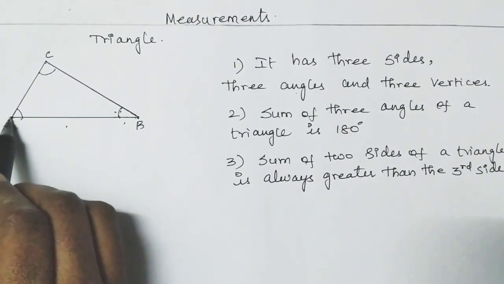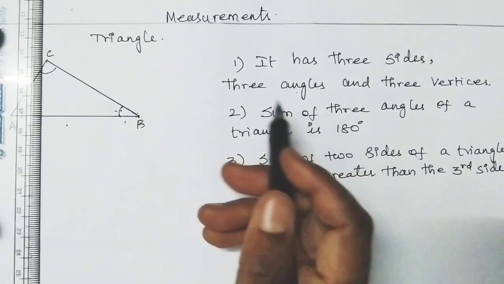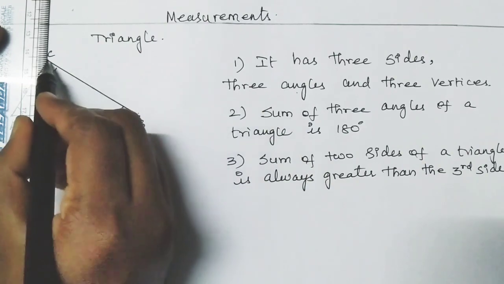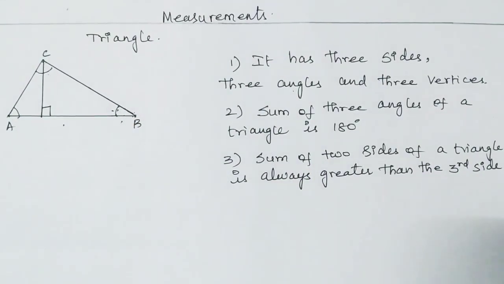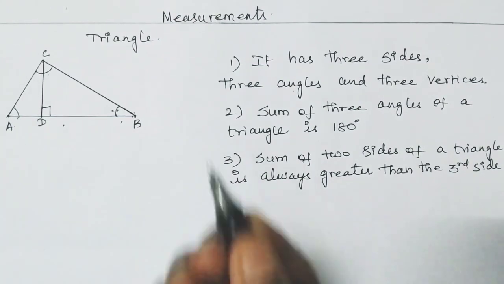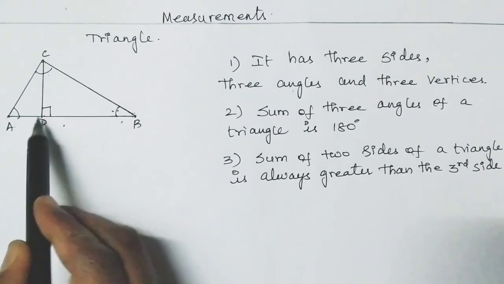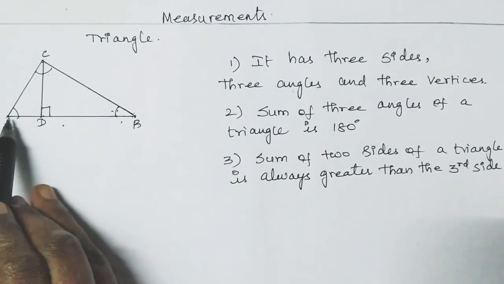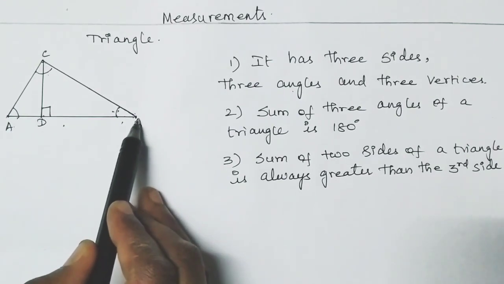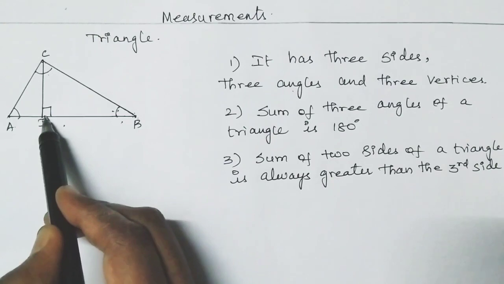And AB is a base and the height is nothing but the altitude, the perpendicular line from the opposite vertex. This is the altitude and we'll name it as D. Now I can say CD is the altitude, CD is the height, CD is the perpendicular line to AB. So AB is a base and CD is the height.